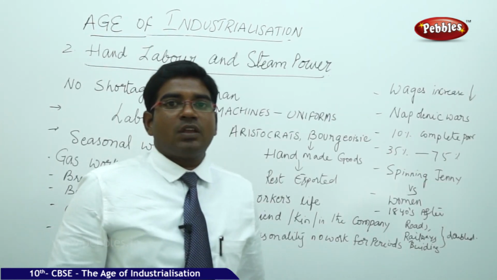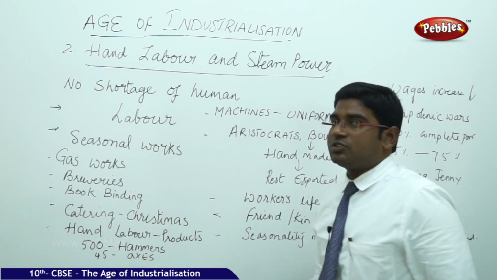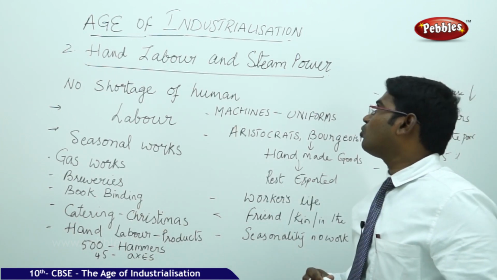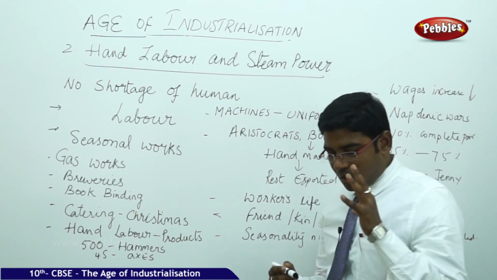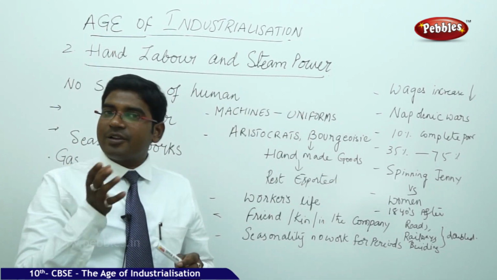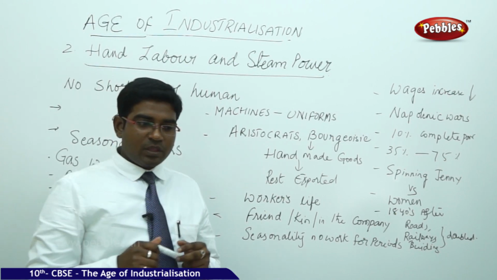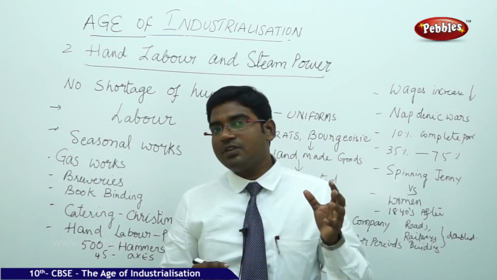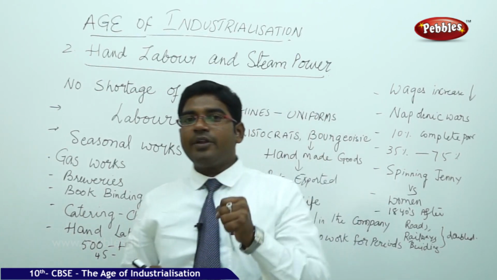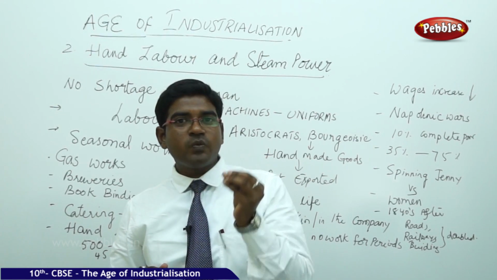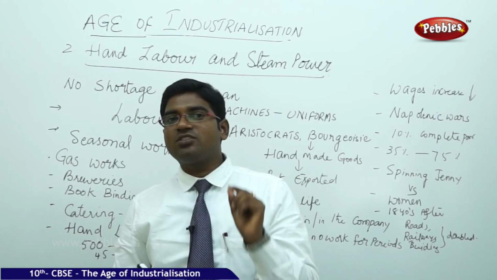Now we shall move our focus of attention to how we can compare the situations of hand labor versus steam power. How did hand power, people's power, get replaced with machinery power? As we highlighted in the previous chapter, interest towards machinery was very low, as analyzed by the historians.